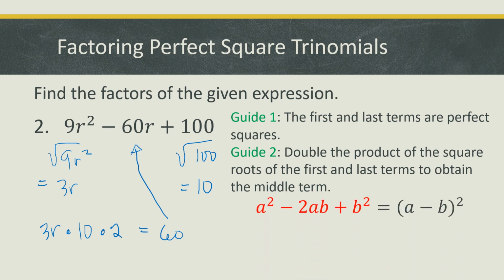Now we can use this formula, a squared minus 2ab plus b squared, since our middle term is negative. So this will be our a value, and this will be our b value. So therefore, the square of binomial is 3r minus 10 squared.